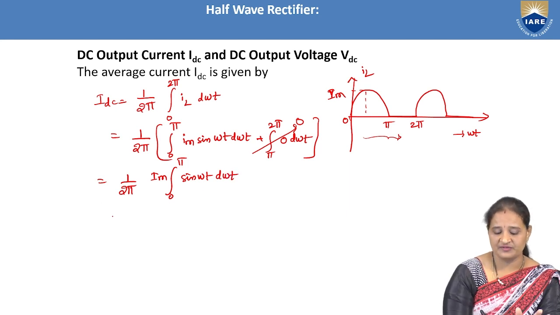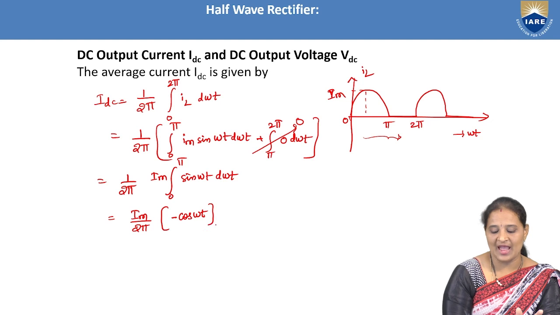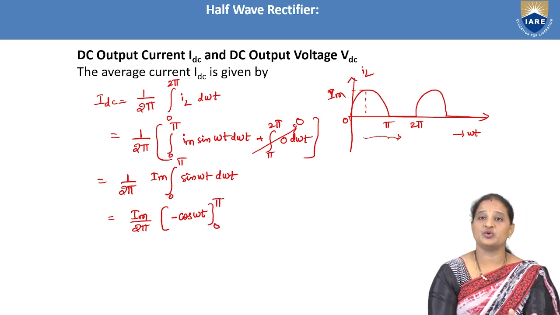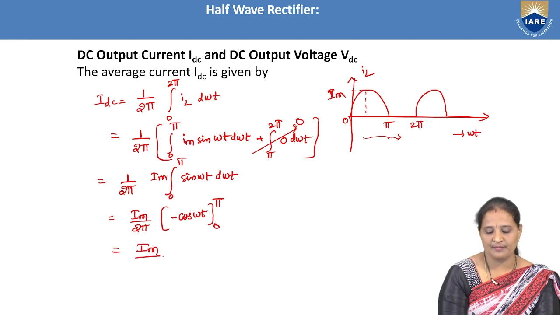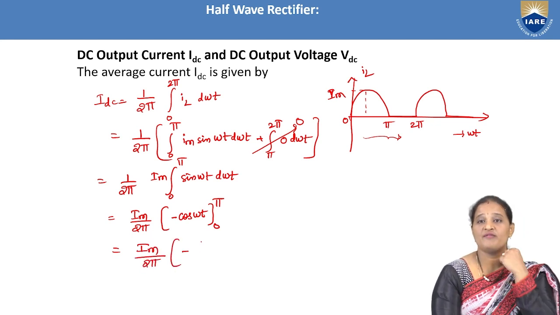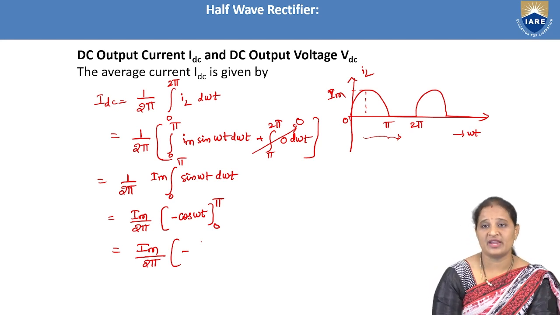So the integration of sine. I can take this as Im by 2 pi. Integration of sine is minus cos omega t, and the limits are from 0 to pi. Now just substitute the limits here. Im by 2 pi, minus of cos pi. Cos pi is minus 1.